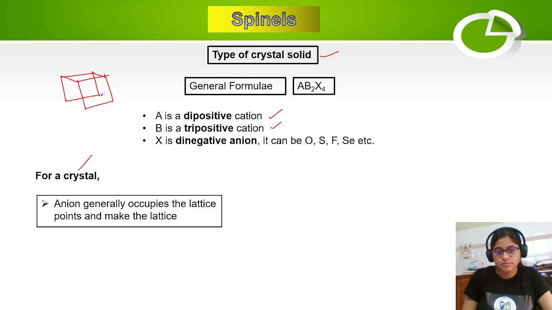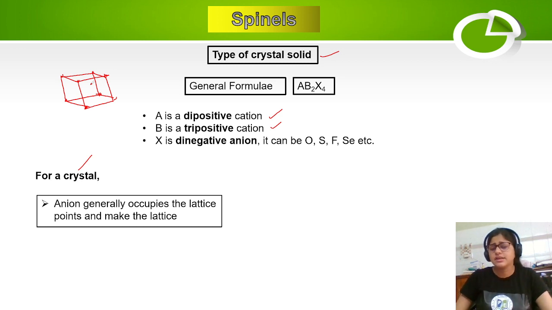Lattice points are these points, by which the crystal structure is formed. These points are called lattice points. The lattice points are occupied by the negative ion, which is responsible for making the structure of the lattice.